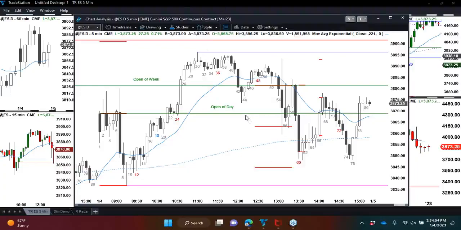Would you consider the bar 43 low as the breakout point for 55 with measured move down?